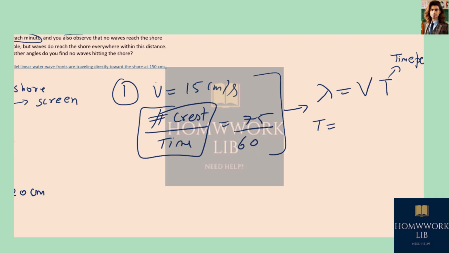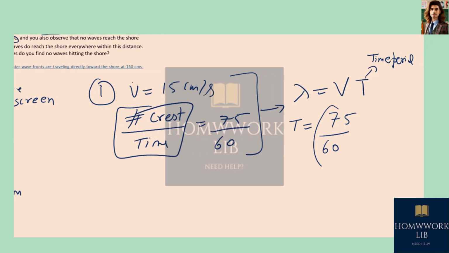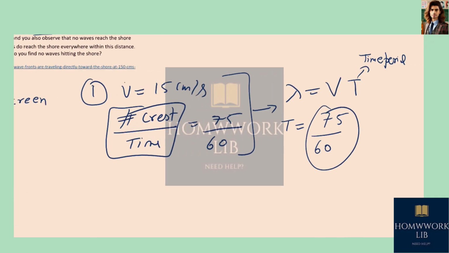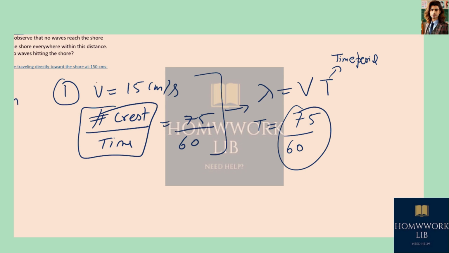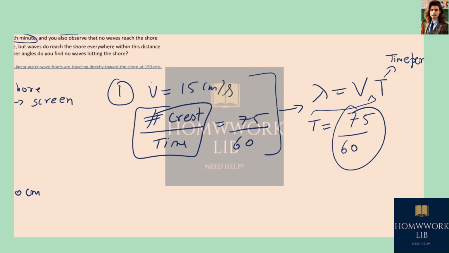Here we know there were 75 crests in 60 seconds, so the time between two consecutive crests is 60 by 75. So we would find the time period, plug it here, and get the lambda.